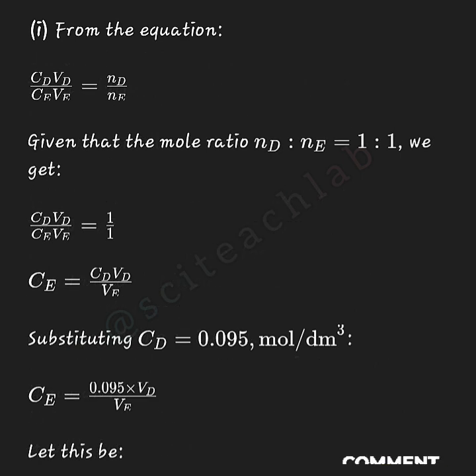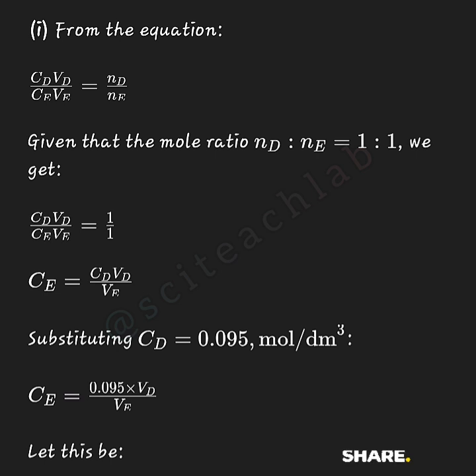Okay, we should calculate the concentration of E, the base, sodium bicarbonate, in mole per dm³. All right, now we already know that we have a CAVA formula, so to say: CAVA over CBVB equals NA over NB.